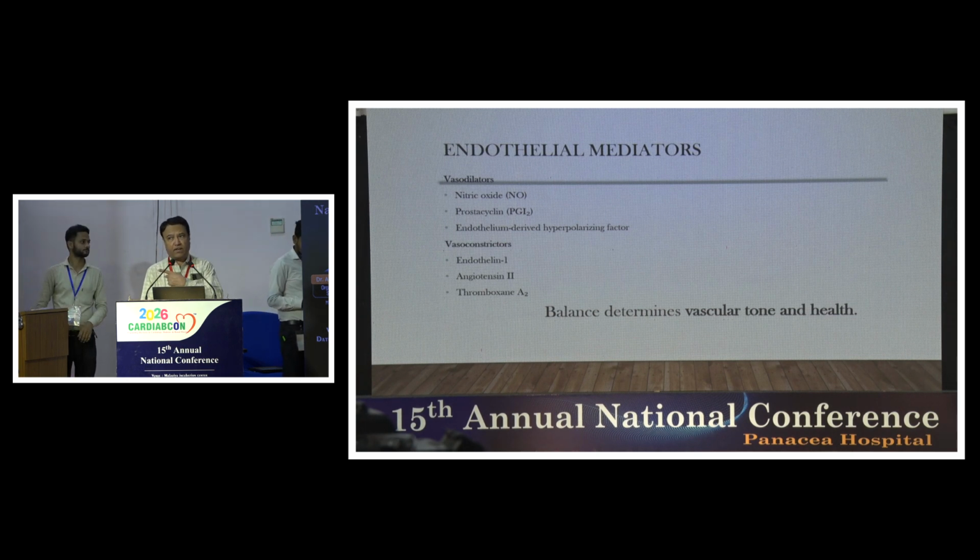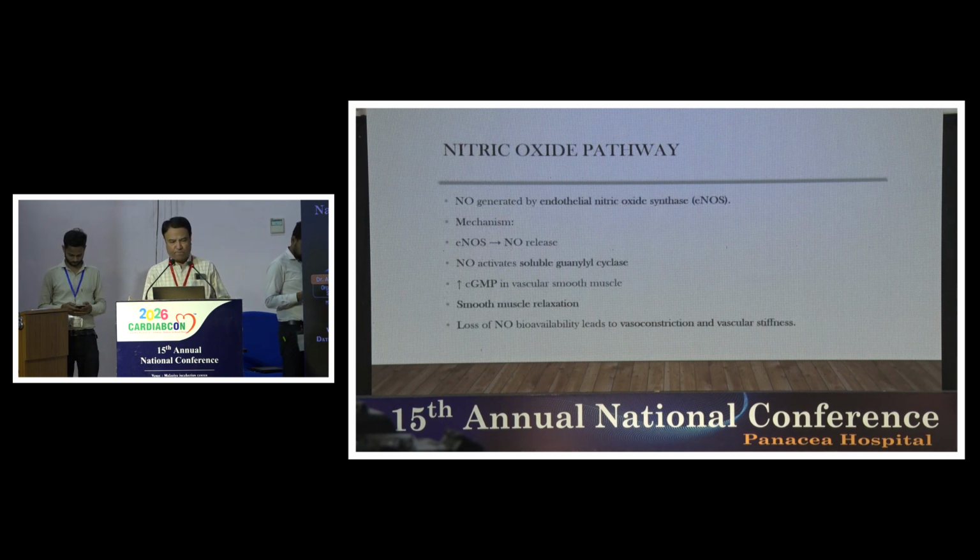Dr. Jumani, when he was talking about sexual dysfunction, was talking of nitric oxide. The prostacyclin and endothelium derived hyperpolarizing factors. The vasoconstrictors are endothelin 1, angiotensin 2, thromboxane A2. The balance of these factors is responsible for vascular tone.